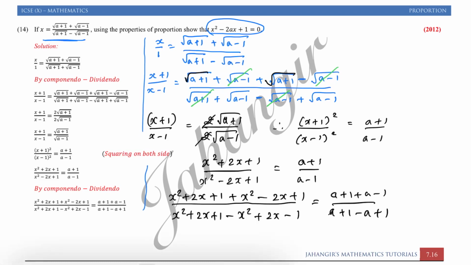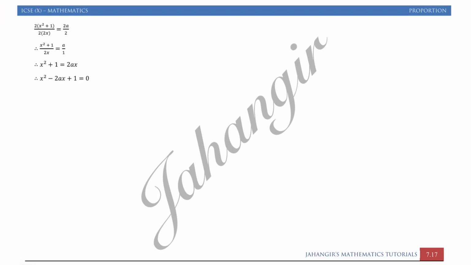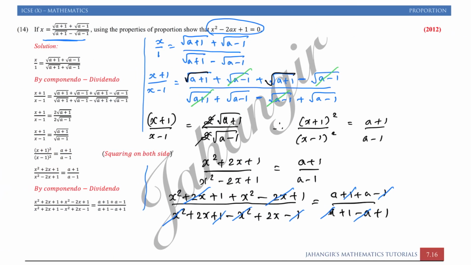So cancelling all terms which are plus minus, whatever is left, let's write on the next page. We will get 2x square plus 2 upon 4x is equal to 2a upon 2. Let's check we did right or not. a plus a is 2a upon 2.